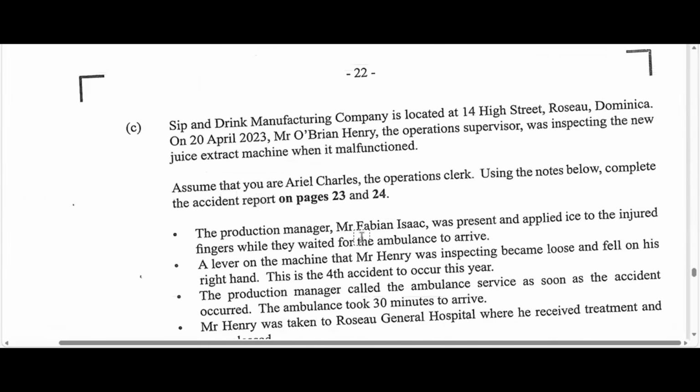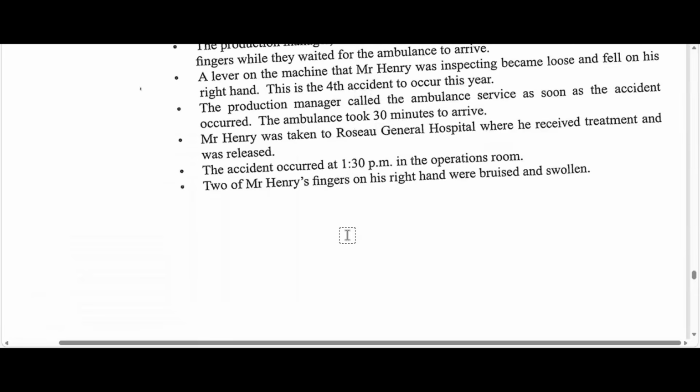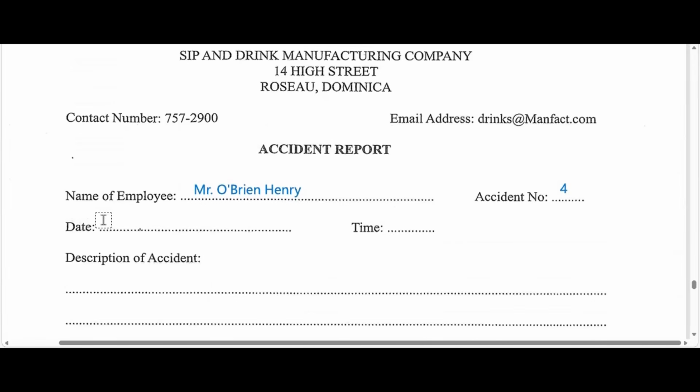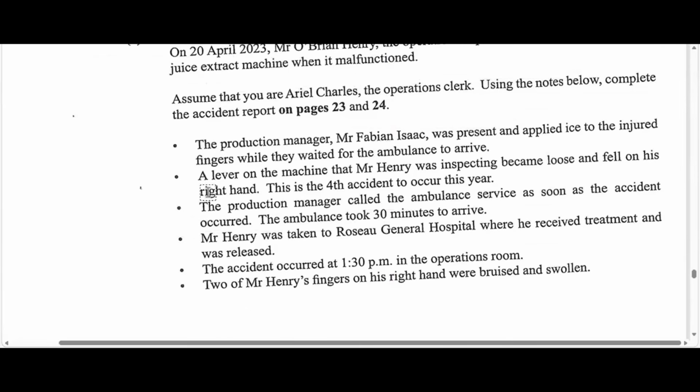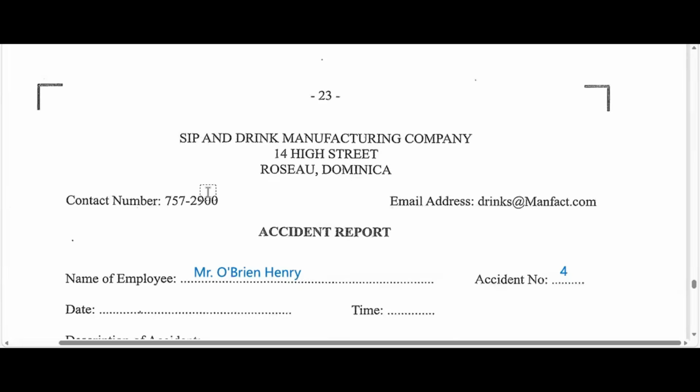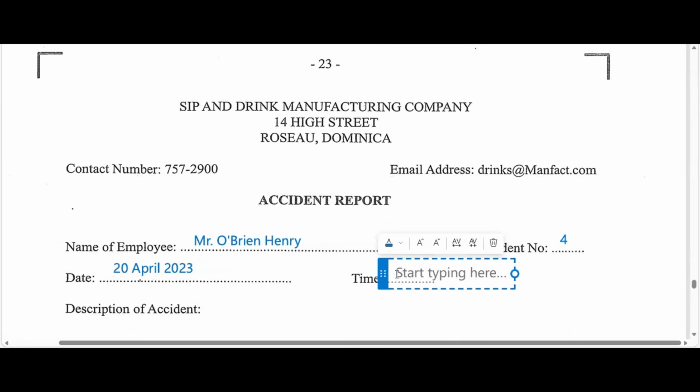Now, all the information is right up here. How do we know it's the 4th accident? Let me find it. Look at right here. 4th accident. Alright. Just do line by line by line. Dates. Did it tell us a date on when this occurred? Supposed to. Right. 20th of April 2023. Time was 1:30. You reported exactly what the scenario has.